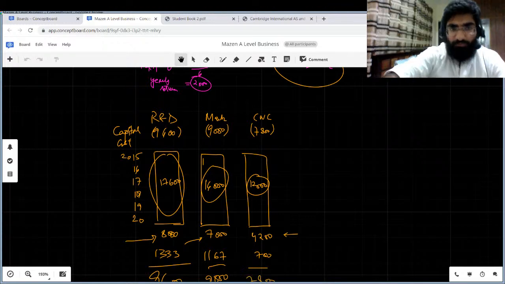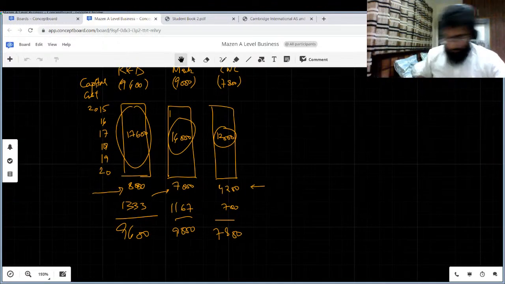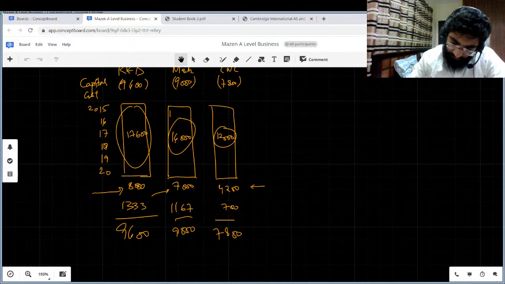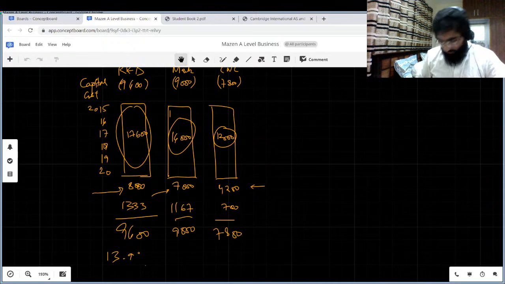Okay, so for the first one, 1333 divided by 9600 is 13.88% or 13.9%. For the second one, 1167 divided by 9000.